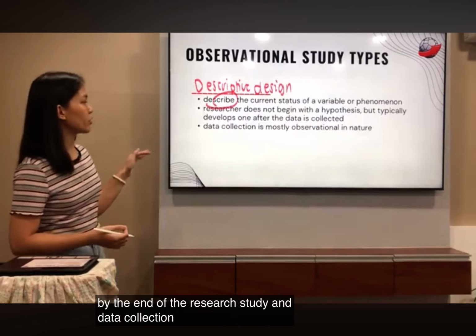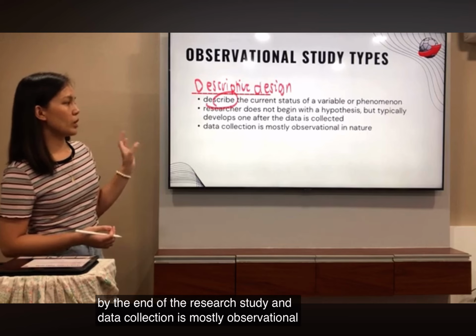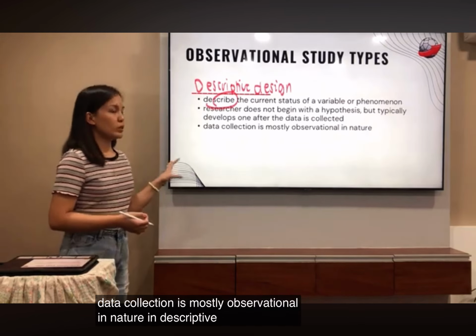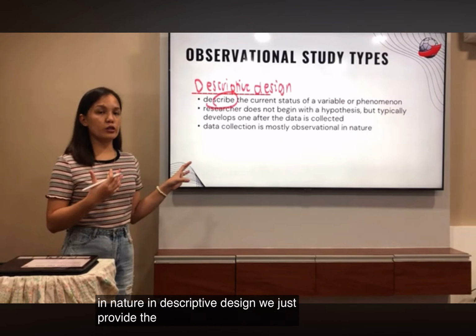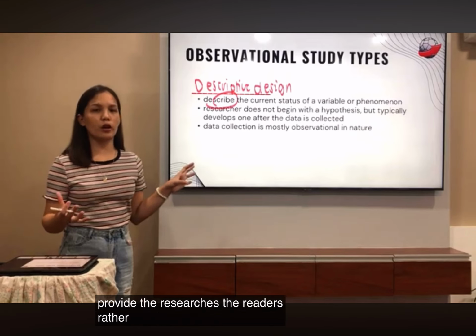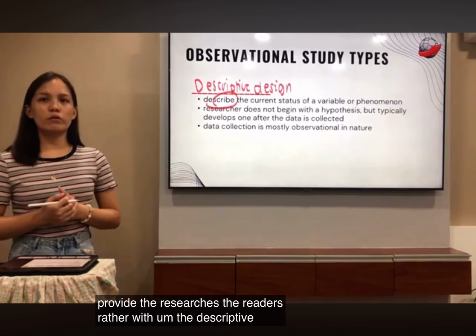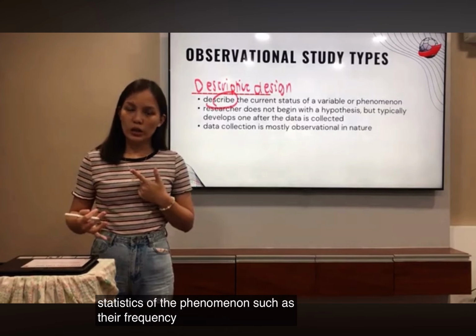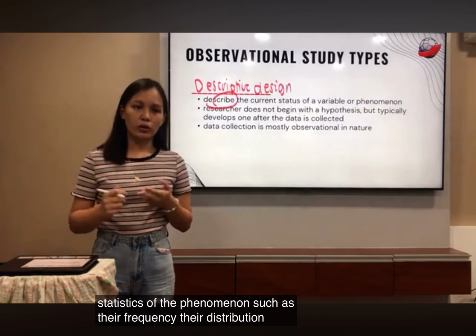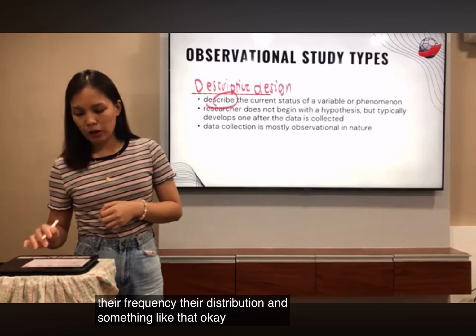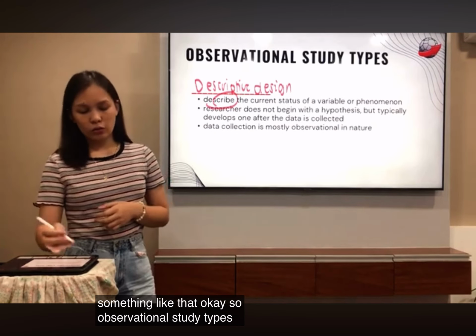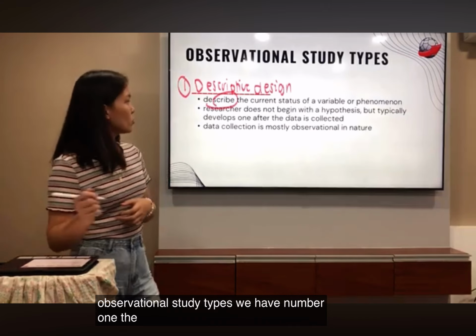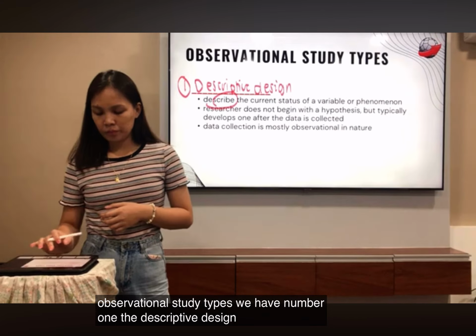And data collection is mostly observational in nature. In descriptive design, we just provide the readers with the descriptive statistics of the phenomenon, such as their frequency, their distribution, and something like that. Okay? So observational study types, we have number one, the descriptive design.